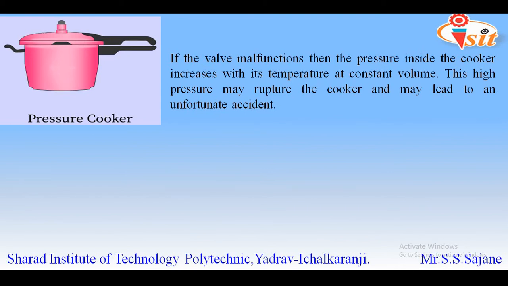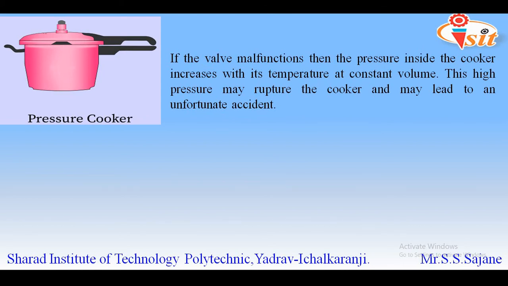When heat is supplied, the water inside the cooker gets vaporized, and steam is produced. The steam is periodically released through a valve to maintain the operating pressure inside the cooker. You can see the valve placed on the top of this pressure cooker.